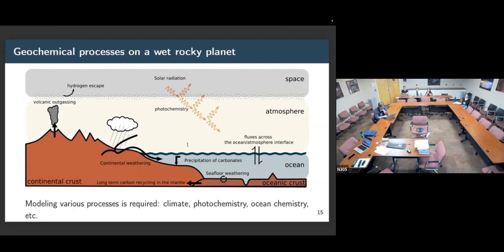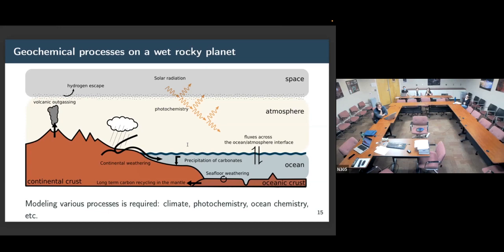Just to give a very quick inventory of those geochemical processes that interact together. As I said, photochemistry, climate under the influence of the illumination from the star. Weathering of continents removes CO2 from the atmosphere at a temperature-dependent rate, so it is interesting as a thermostat. It removes CO2 from the atmosphere and puts it in the ocean.